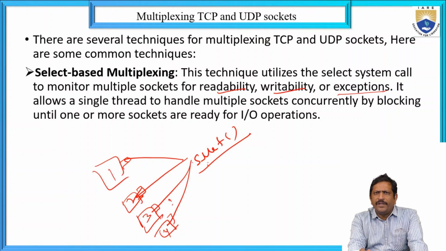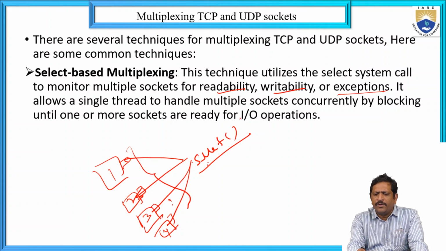That means what is happening is a single flow of control. Multiple sockets are concurrently being selected, so the flow of control should be a single flow of control. That can be blocking until one or more sockets are ready for input output operations, that is ready for reading or ready for writing.